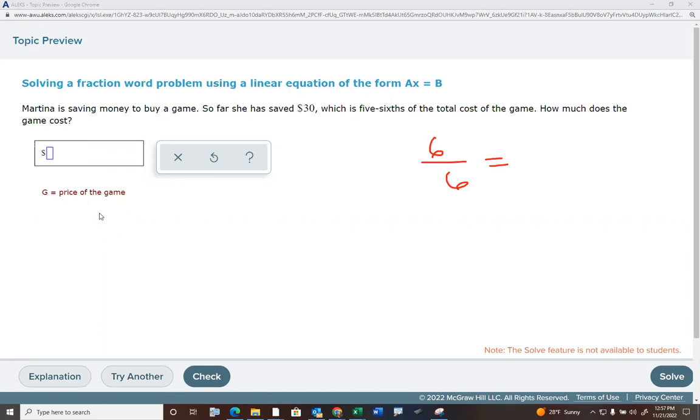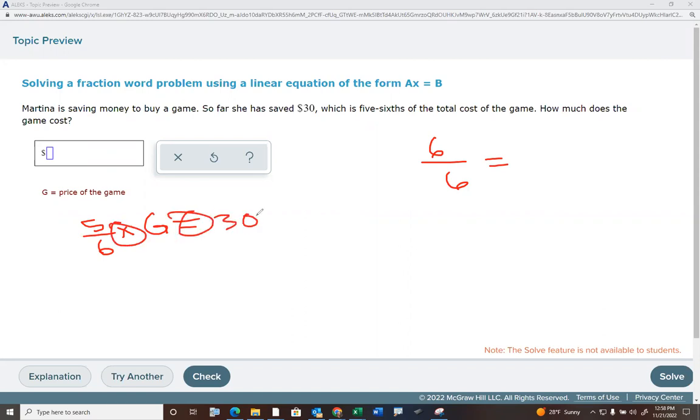So the problem says that 5/6 of the cost of the game is $30. Okay, so let's just write that down. 5/6 of the cost of the game, price of the game, is $30.